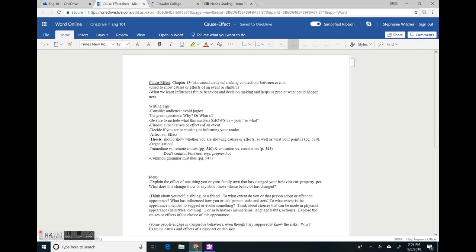All right. A couple of other things to think about while you're working on this paper. There's a difference between immediate and remote causes. Please take a look at page 540. I'm not going to go into a long spiel on that here. I know you can read. When you're choosing the particular causes that you're going to discuss, I want you to really focus more on immediate causes.